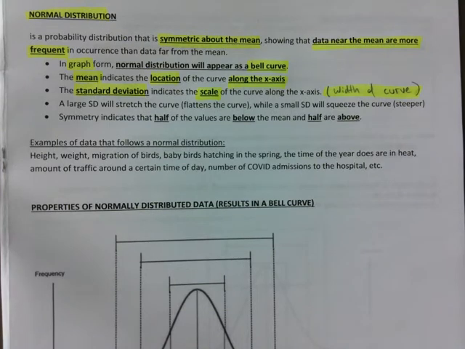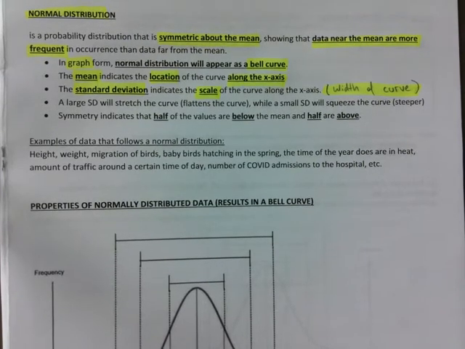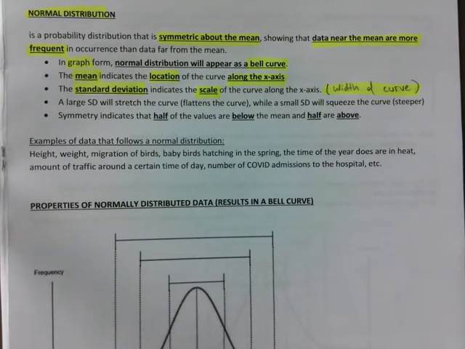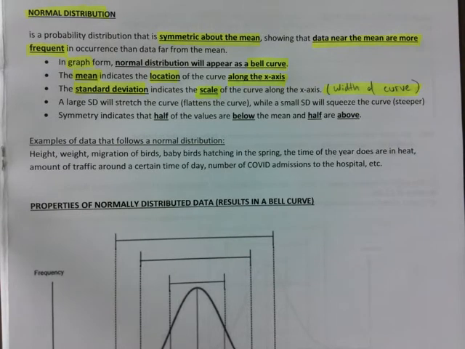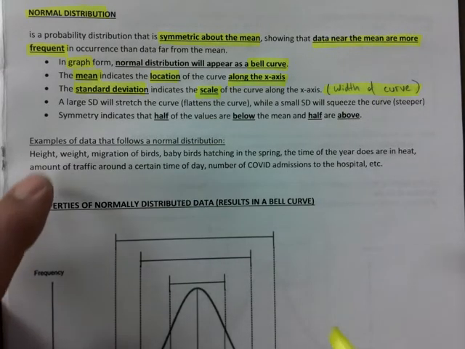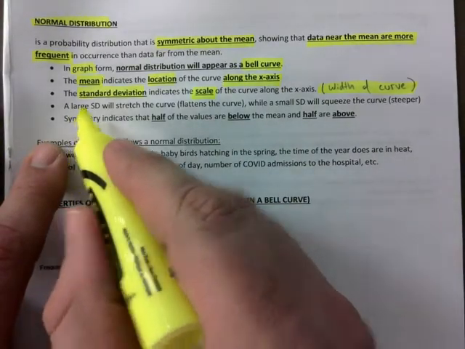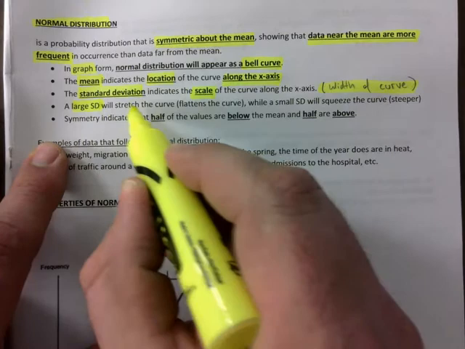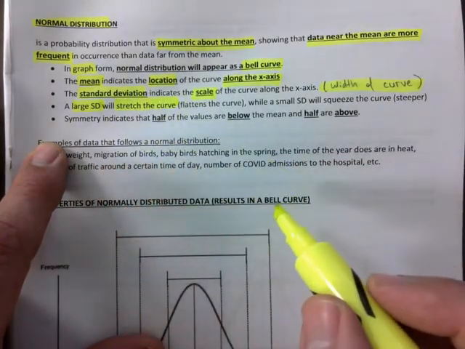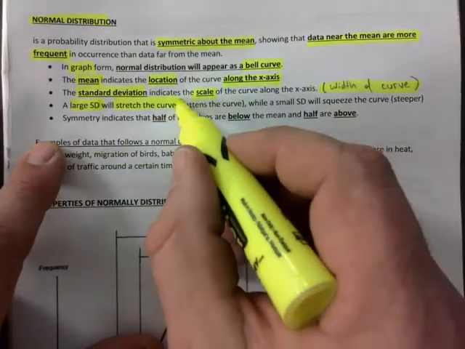Write down next to standard deviation, that bullet. It basically will tell you the width of the curve. If it's a greater standard deviation, the width will expand. If it's a small standard deviation, it will make the curve steeper and sharper. Large standard deviation will stretch the curve or flatten it.